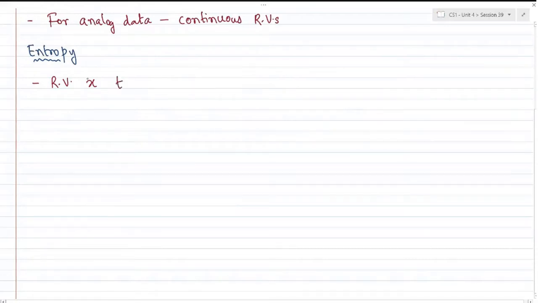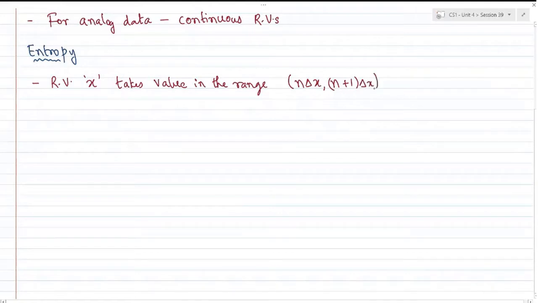Okay, for a continuous data, we can define that range would be between n times delta x and n plus 1 times delta x, where n represents the timestamp that we are considering.